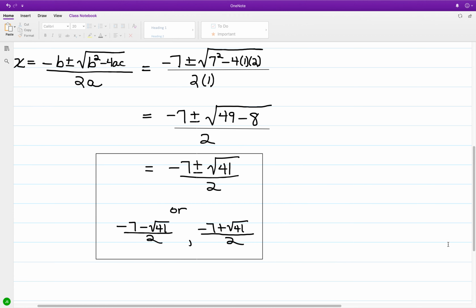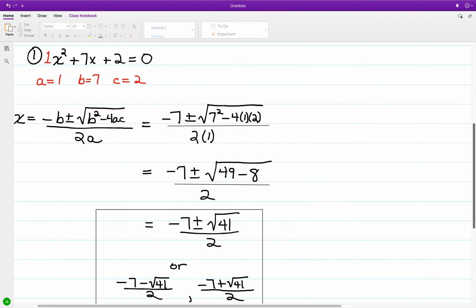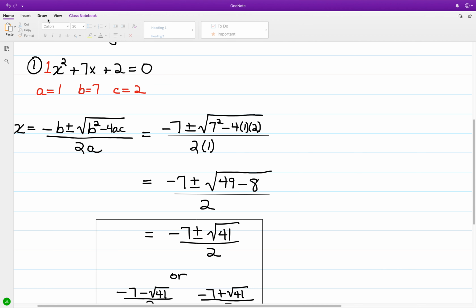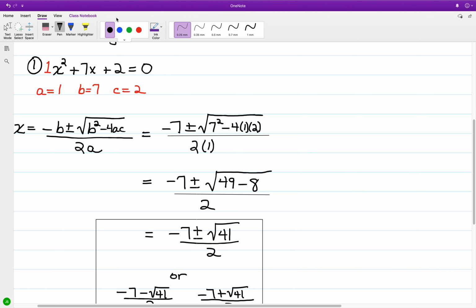Now let's say I change the equation ever so slightly, and we have x squared minus 7x minus 2 is equal to 0. So a little history repeating itself.